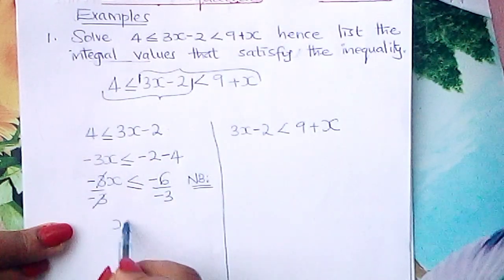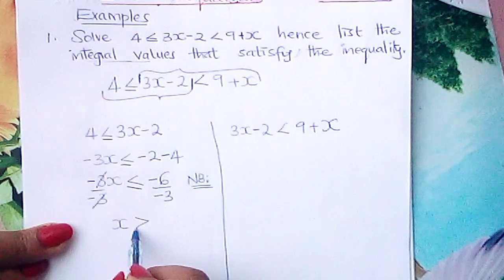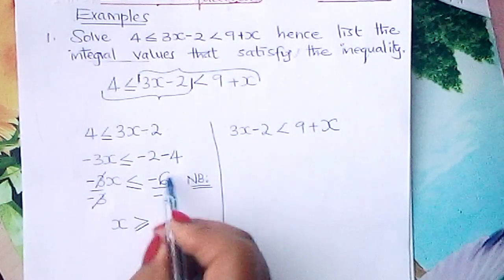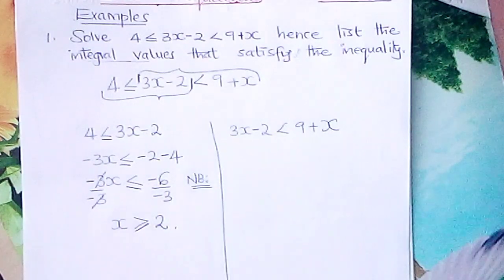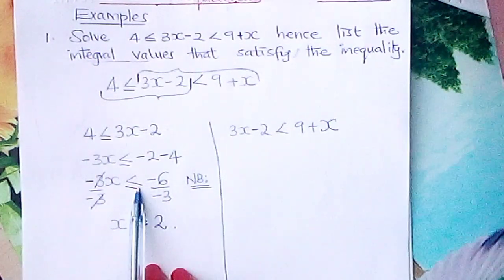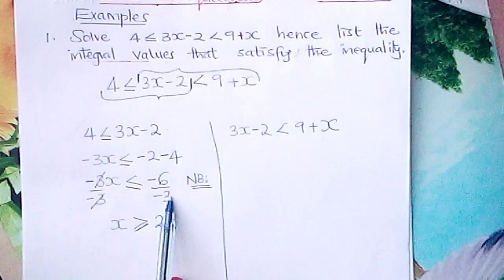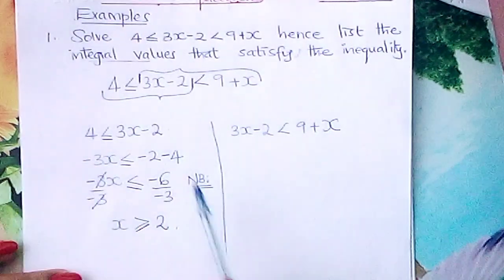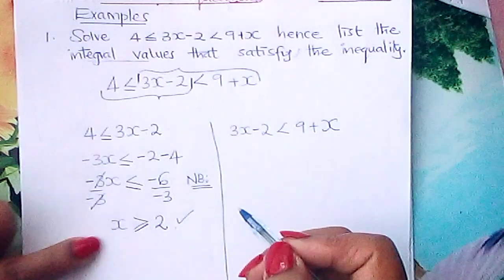And therefore we get x greater than or equal to 2. The inequality sign changes once you divide both sides by a negative number, or even multiply by a negative number. So there we are with a simple inequality.